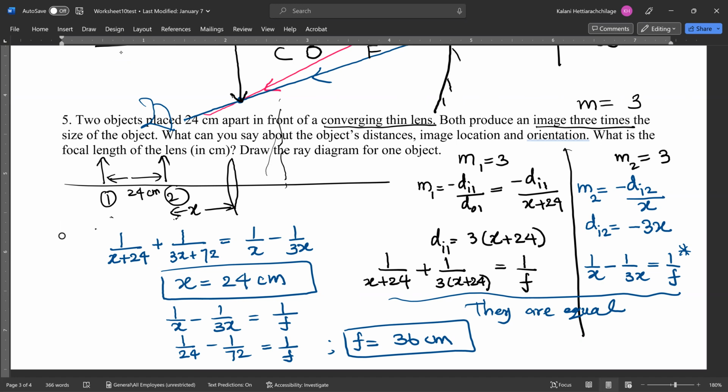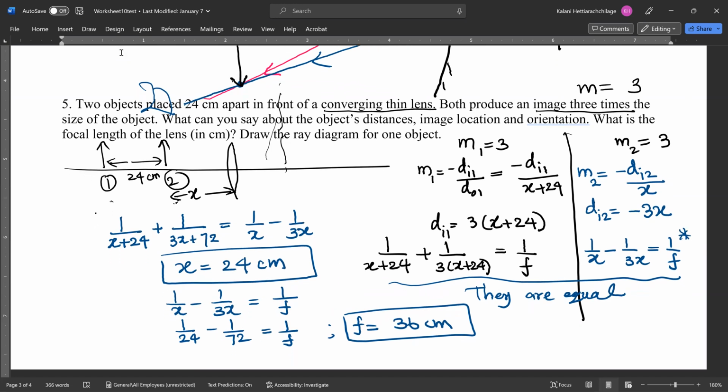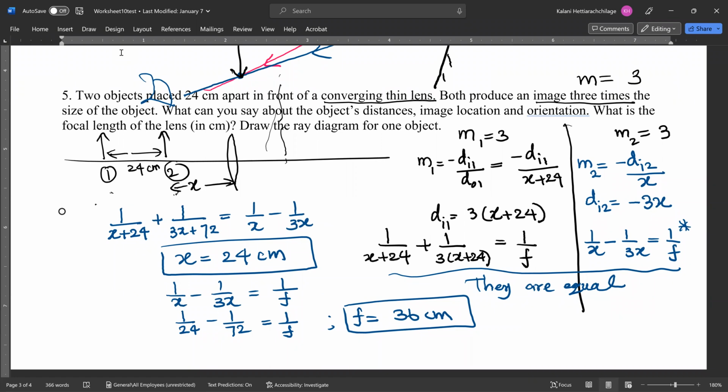What can you say about the object distance, image locations, and orientation? Object distance: after you find the x, your first one is x plus 24, second one is just x. And image location: for the first one, after you put the x number 24 into here, you can calculate the d1i, and 3 times x will be your d2i. So location, good.